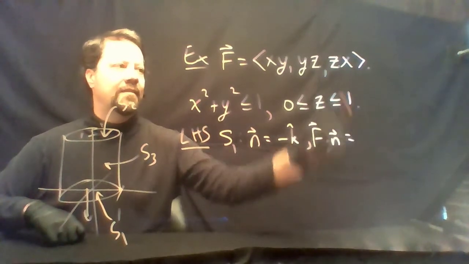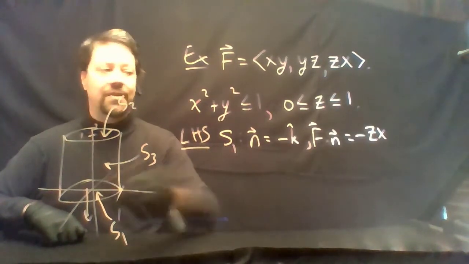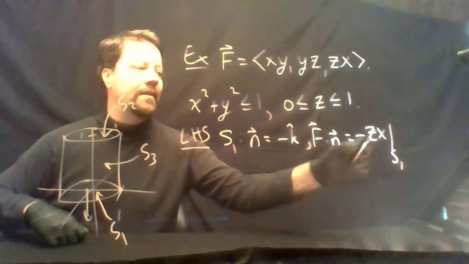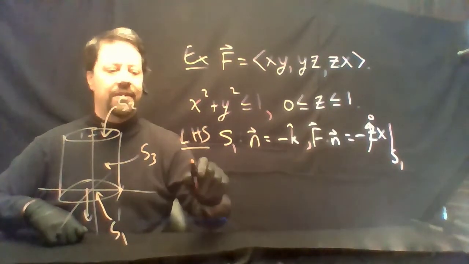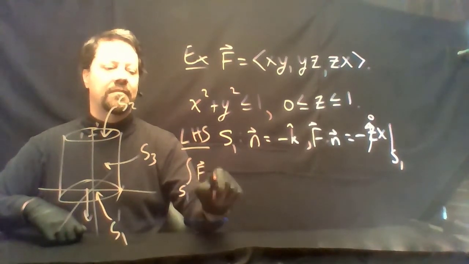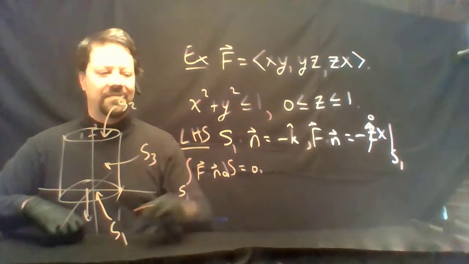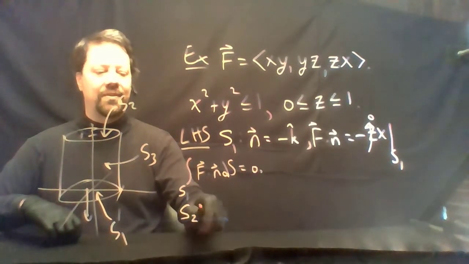F dot n then will be minus zx, and on that surface, S1, z's are all 0. So the flux on surface 1 is 0.